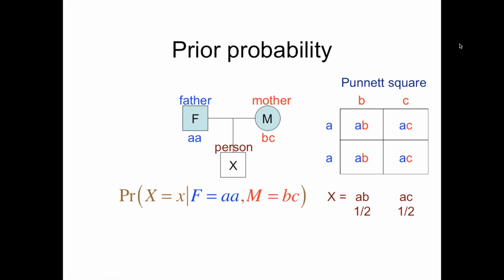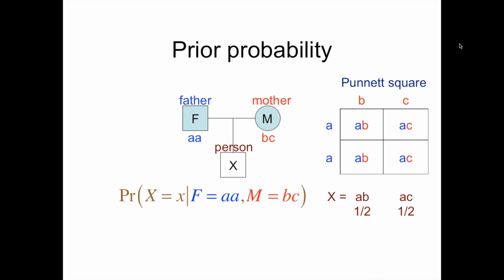And just by adding up these possible events, we see on the bottom right that the random variable of the person's genotype X assumes the value AB with probability 1/2 and assumes the allele pair value AC with probability 1/2.